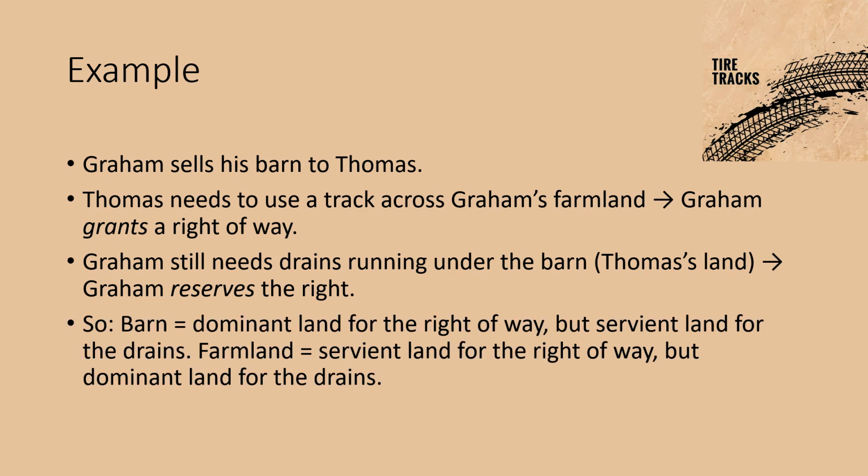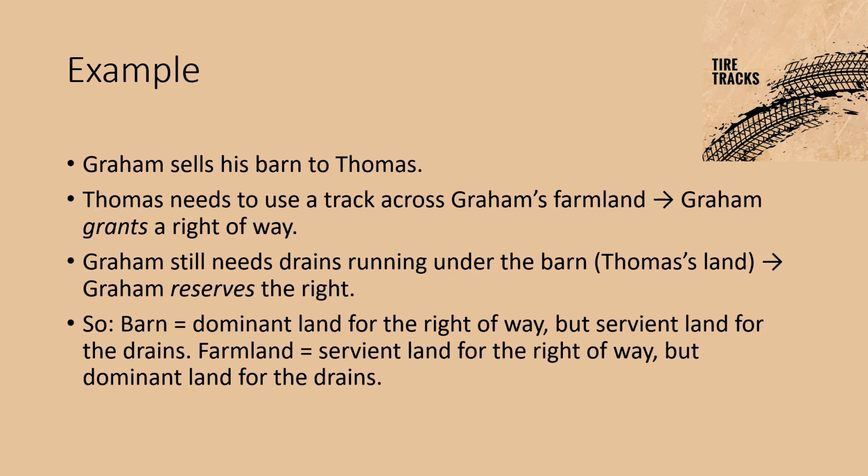And we can also clearly see what is the dominant land and what is the servient land. So the barn is the dominant land for the right of way because it benefits from the right of access, the kind of shortcut across Graham's farmland.